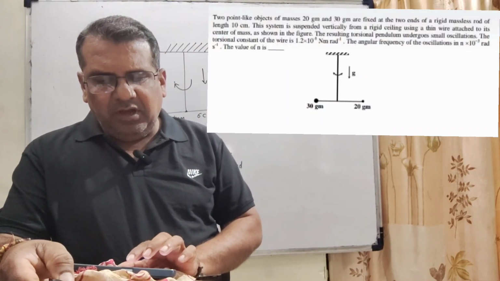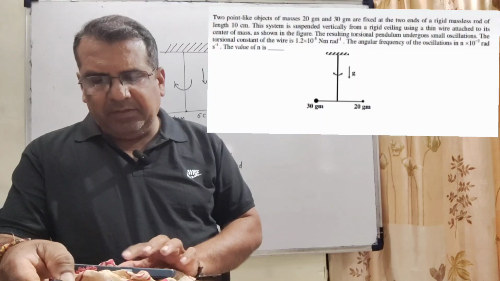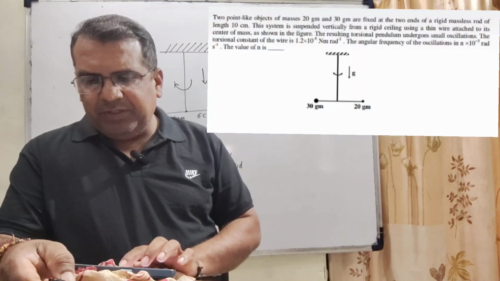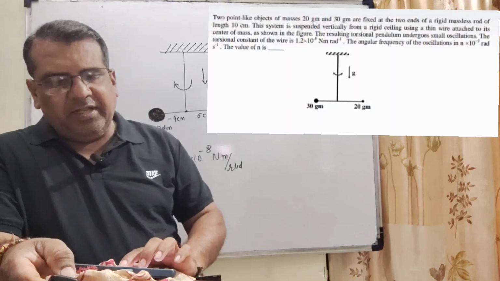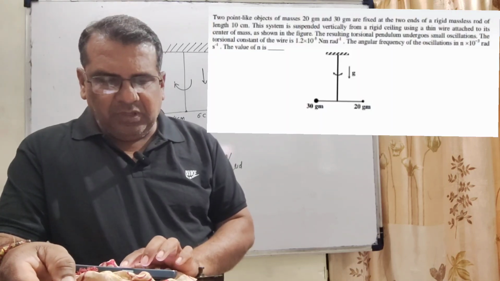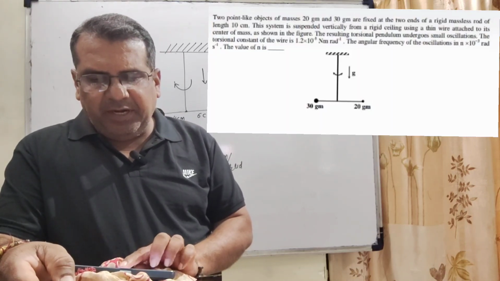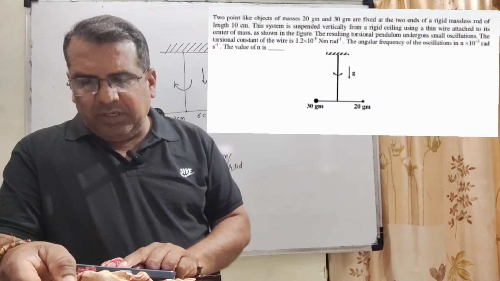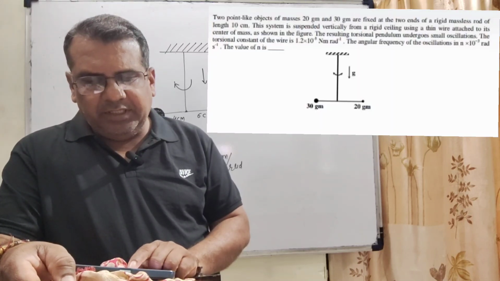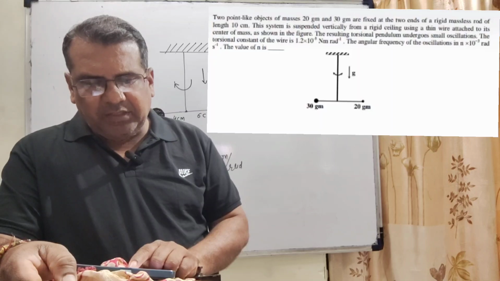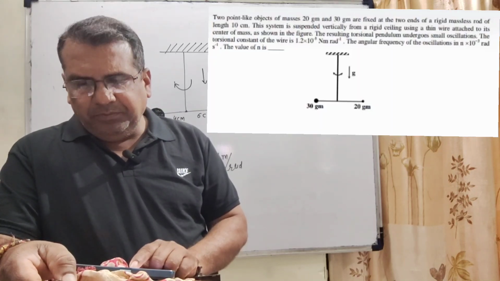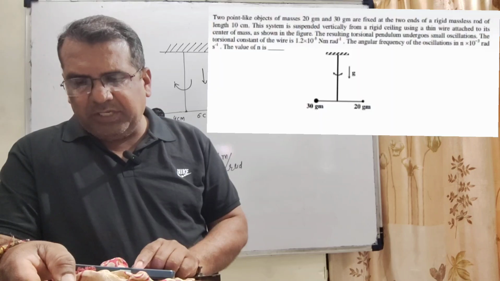Two point-like objects of masses 20 gram and 30 gram are fixed at the two ends of a rigid massless rod of length 10 centimeter. This system is suspended vertically from a rigid ceiling using a thin wire attached to its center of mass. As shown in the figure, the resulting torsional pendulum undergoes small oscillations.